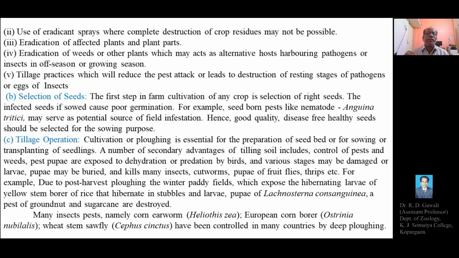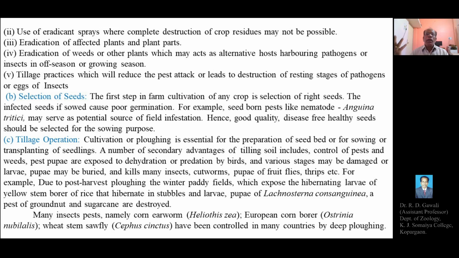Then tillage practices, which will reduce the pest attack or lead to the destruction of resting stages of the pathogens or eggs of the insects. So ploughing, deep ploughing or tillage operations will help in a complete transformation of the land, and whatever stages of the pest, maybe eggs, pupae, larvae, are hidden or present on the upper layers of the soil get buried directly due to the tillage practices or deep ploughing.